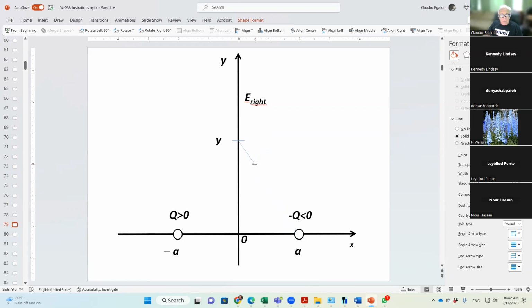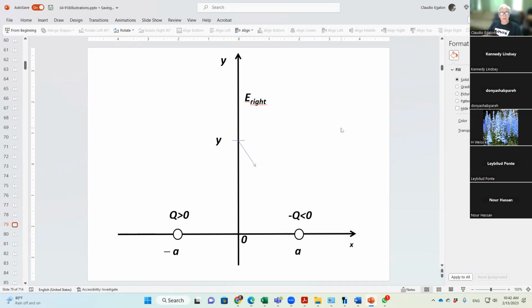That's going to be the direction of the electric field of the right charge. The electric field of the left charge is going to be upwards. Okay, now I have it right. So let me just erase this guy here. I don't need that.